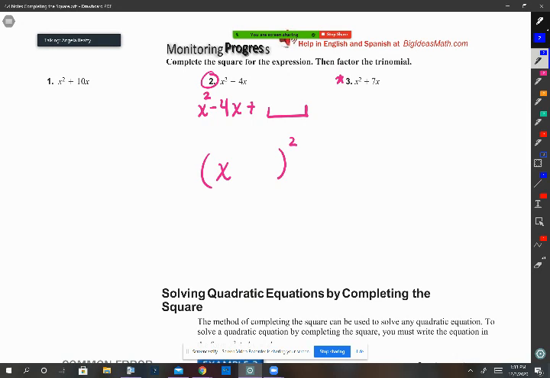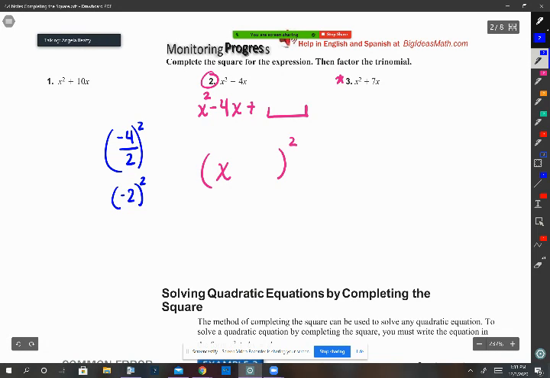Okay, does anybody have a first step for me? What do we do first? Good. So -4 divided by 2. And then we square it. So -4 divided by 2 is? -2.